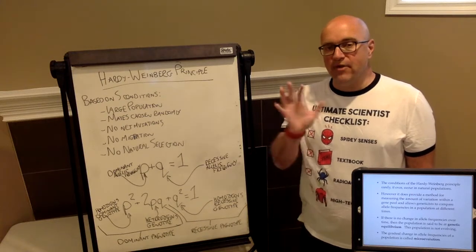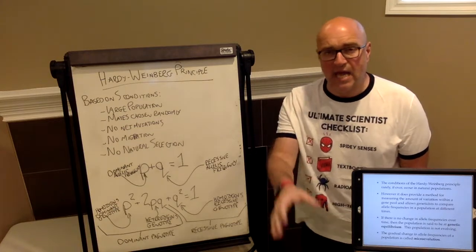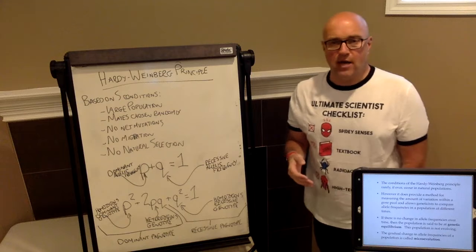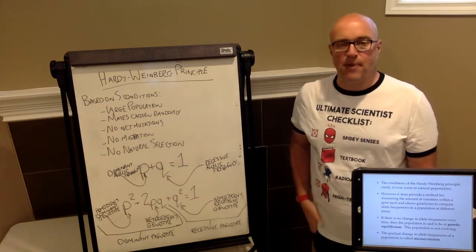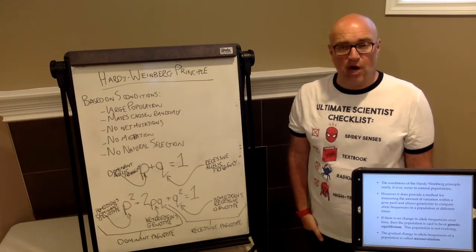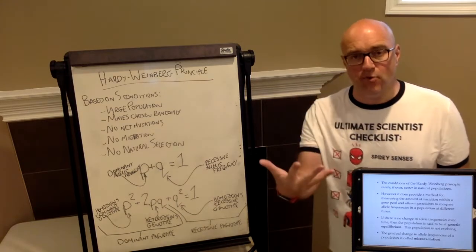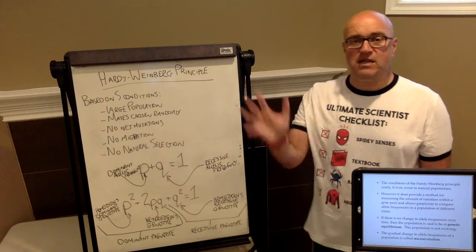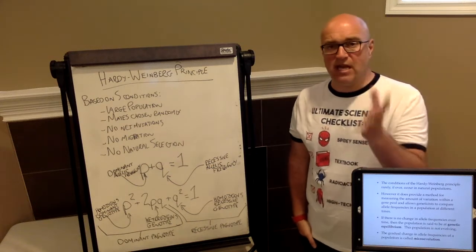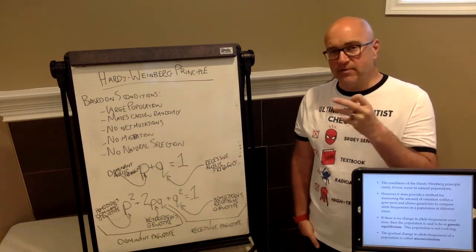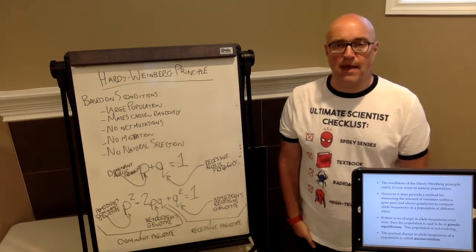If I run the numbers in, let's say, 2010, and go back to a population 5 years later, I can check the number in the population, what the phenotypes are, and then I can run numbers to calculate, is there a shift in the gene pool? Have the numbers significantly changed between 2010 and 2015?